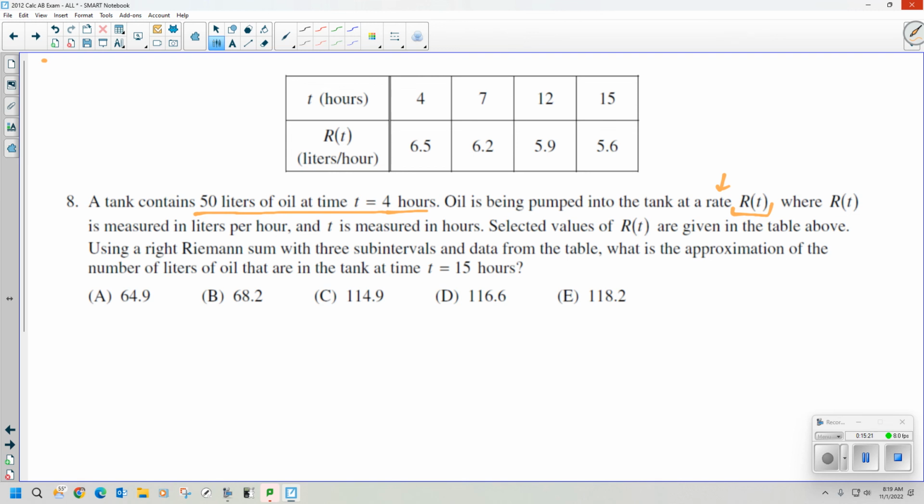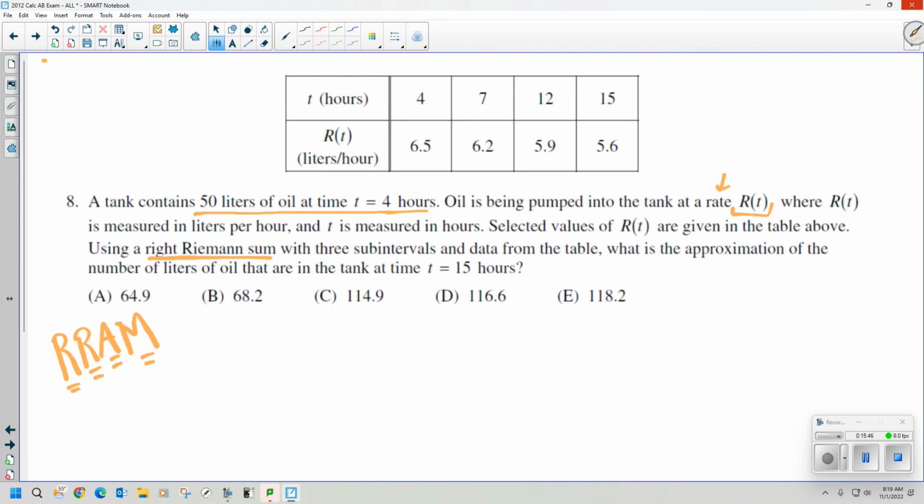Using a right Riemann sum, that's RRAM, right rectangular approximation method. Okay. With 3 subintervals and data from the table, man, I got to really practice more reading.